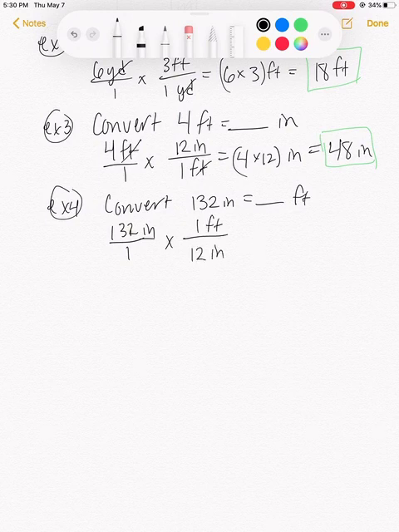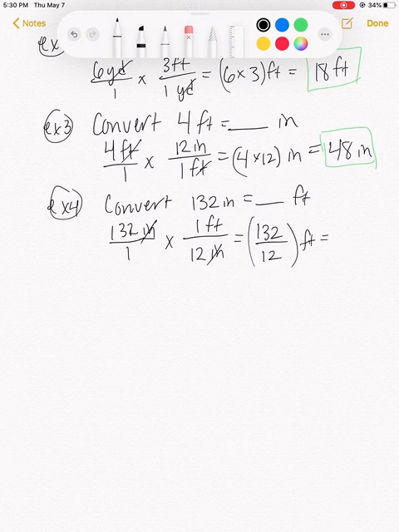So I have to flip the conversion differently than I did the first time. Just make sure that the inches cancel at diagonals. Multiplying the numerators and denominators, I get 132 over 12 feet. When I divide 132 by 12, I get 11. So it's 11 feet.